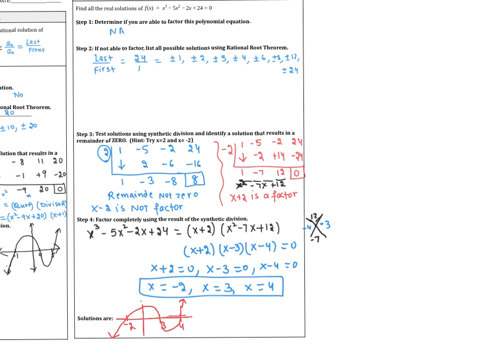And the y-intercept is going to be 24. The graph is rising on the right side and falling on the left side because the leading coefficient is positive, an S-shaped graph.